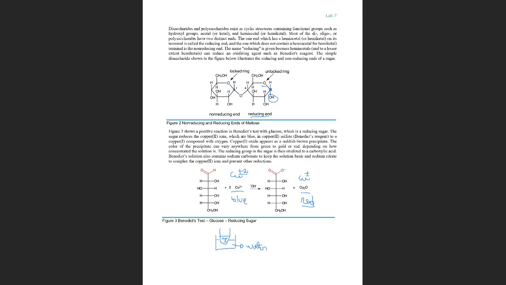So what is important from this reaction? What do you have to know? If you have a positive test, it will look, as we said, brick red because the reduction occurred, or depending on the concentration, you can have a green, or you can have a yellow or an orange.